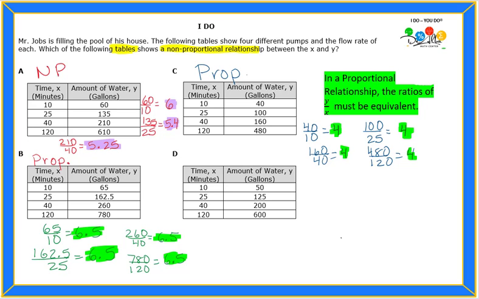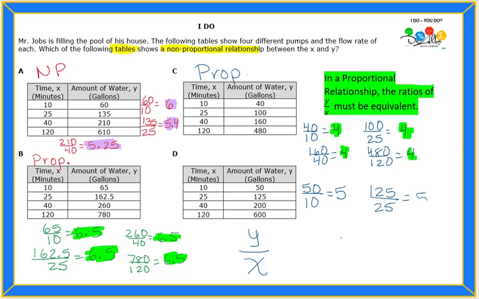And last one, letter D. 50 divided by 10. Remember, you're dividing the y over the x. That's what I'm doing all the time. Y over x. That gives me a 5. And if you divide this one, go ahead and do it. 125 divided by 25. What do I get?